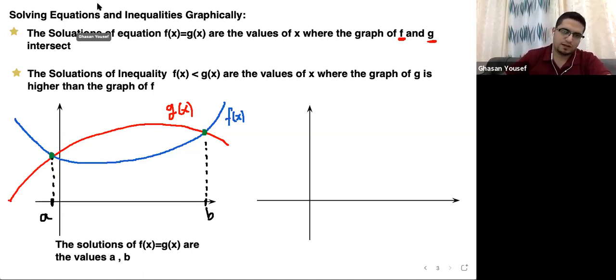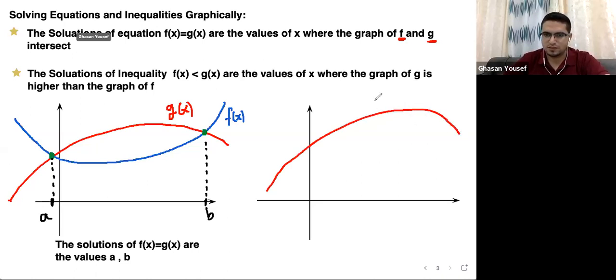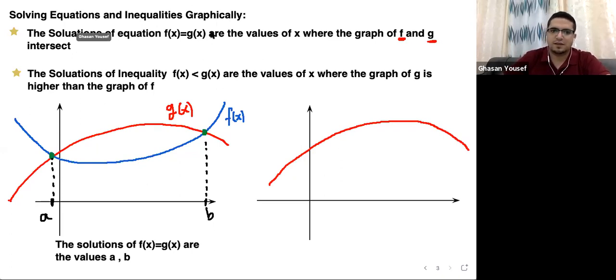Now for the second graph, my g of x, same thing like this. Here's my g of x, and this is my f of x.